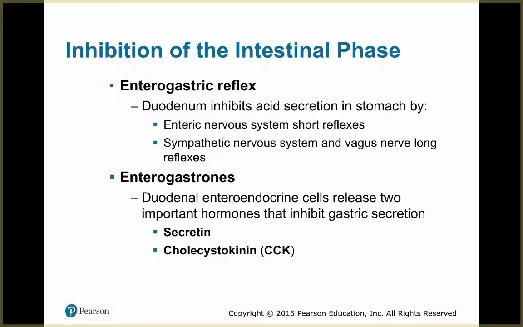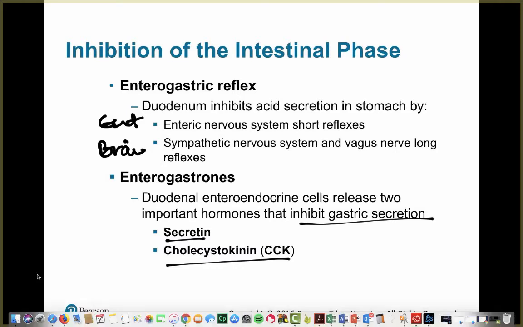So basically gut-brain, brain-brain, right? And it also works with the duodenal enteroendocrine cells, which release two important hormones that inhibit gastric secretion, and that's secretin and CCK, or cholecystokinin. So let's see what both of these guys do.